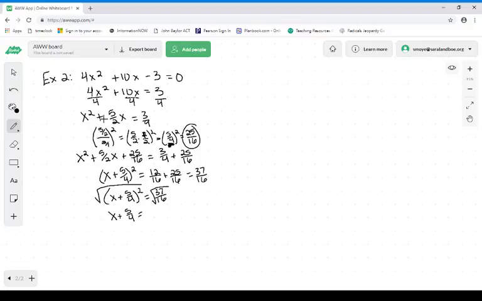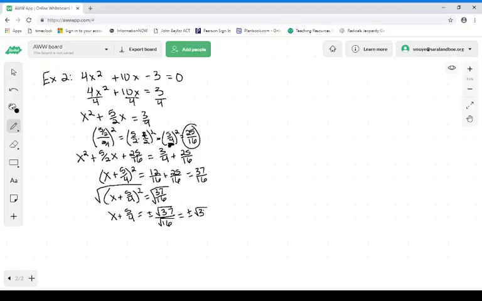Now here we do need to remember some more properties of radicals. When we have a fraction, we can split up the radical. It's like taking the square root of the 37 and taking the square root of 16. And don't forget that plus or minus. When we bring that square root in, we've got to put plus or minus.